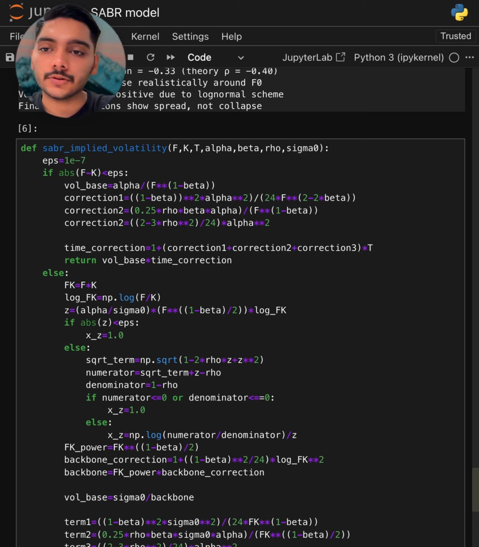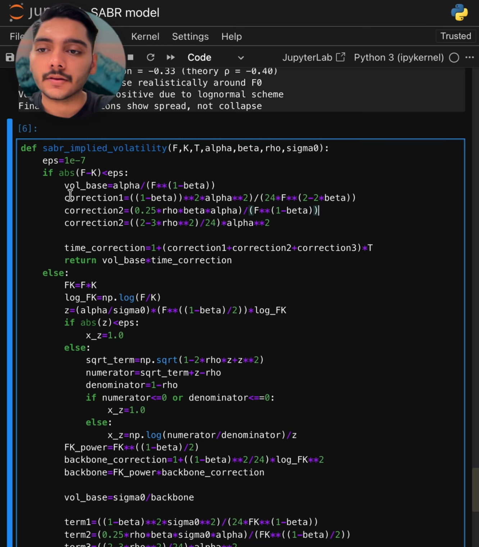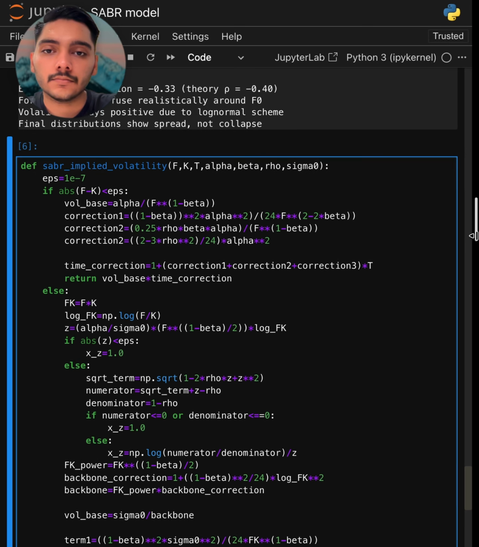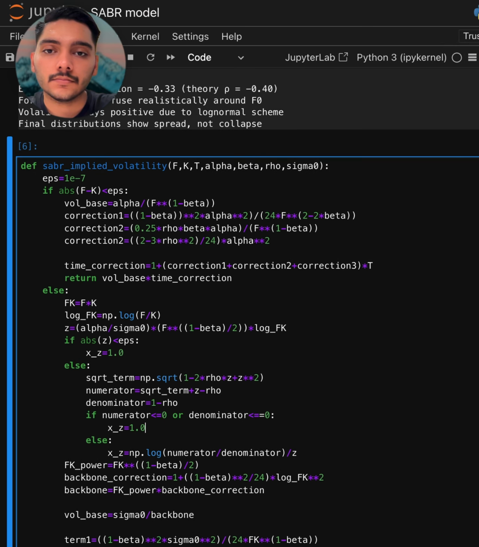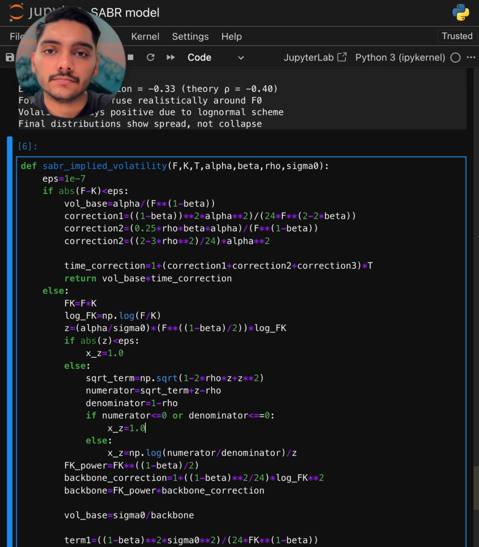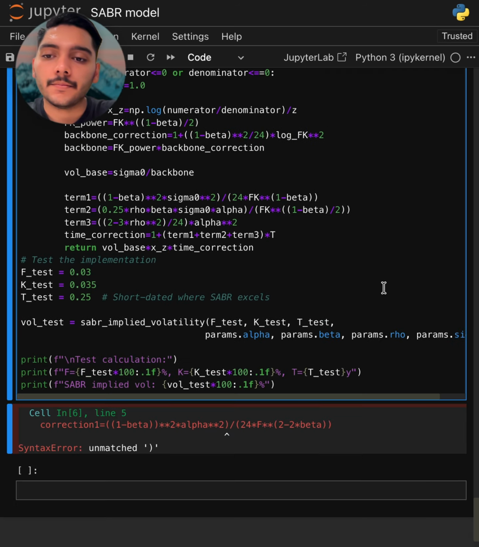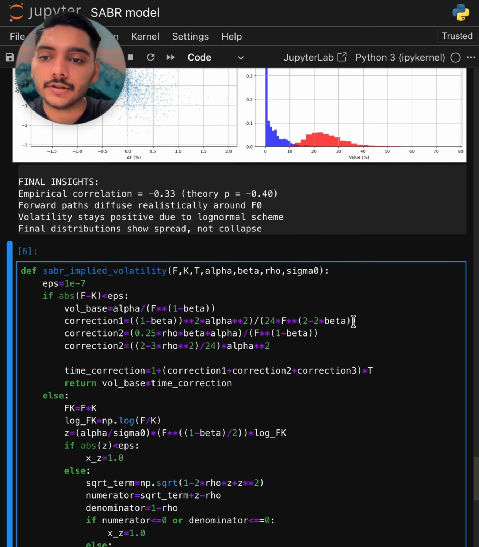The 2 into alpha 2 minus, yeah, the error is somewhere here, so this is the error. Let me correct this.